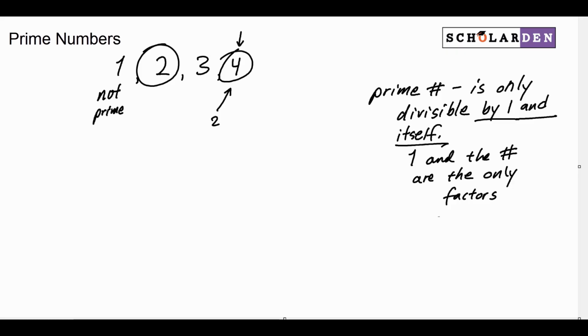And let's list the prime numbers that are less than 100. It's a good idea to just be able to recognize as much as you can when you're looking at a prime number, since they're kind of special numbers. So let's list them.